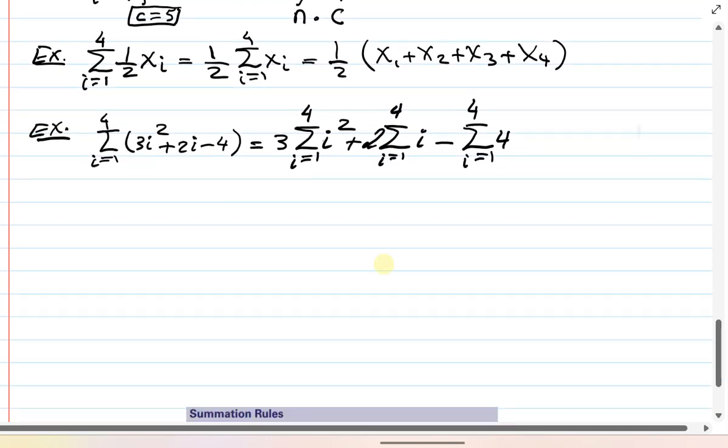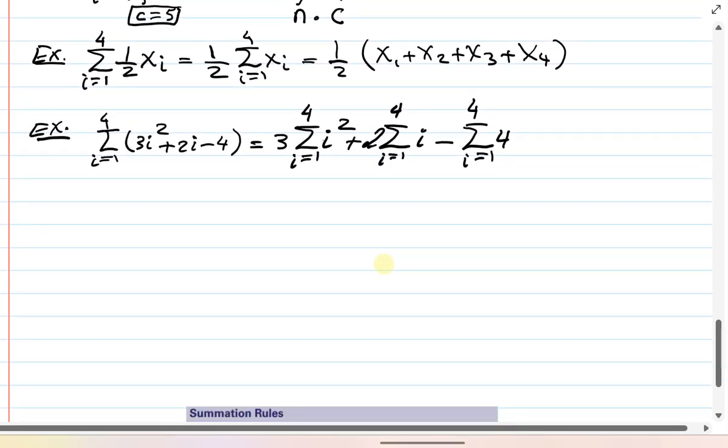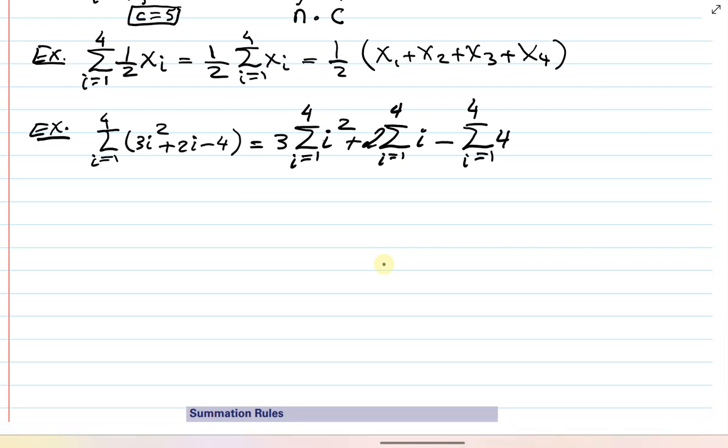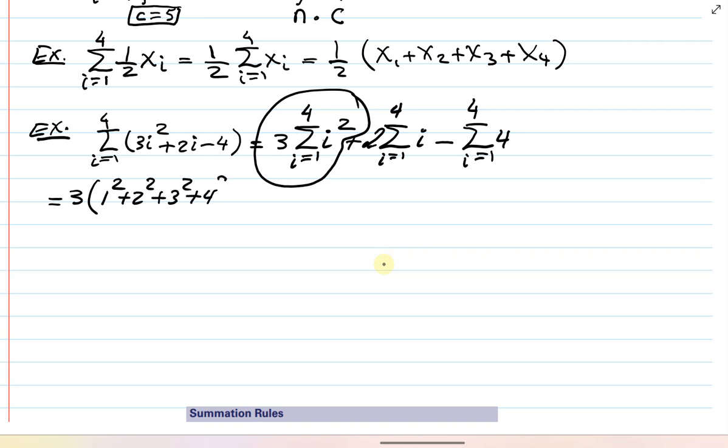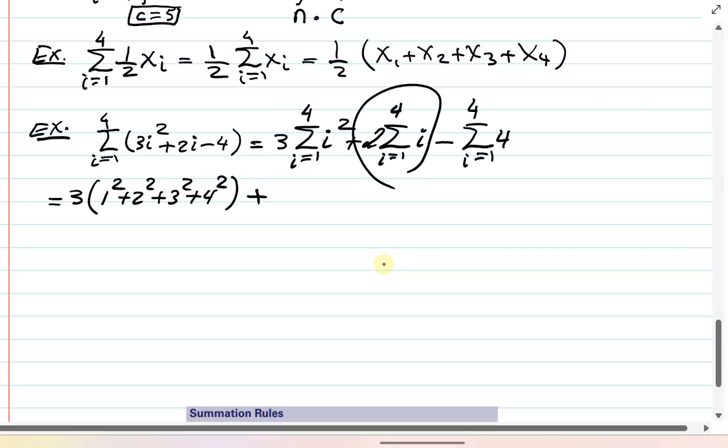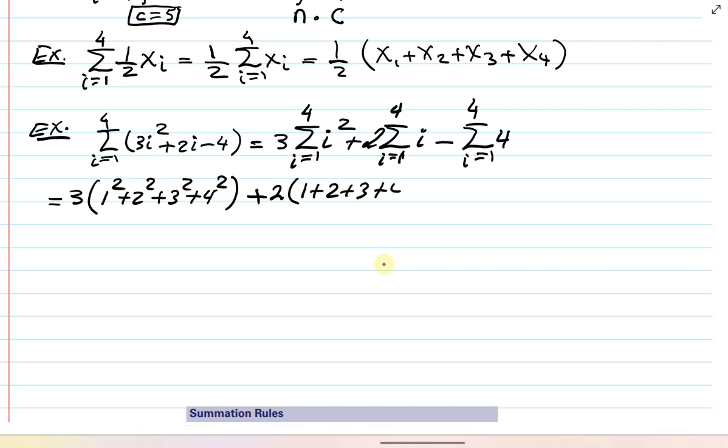Now, let's evaluate this. One way to evaluate it is to actually write them out. That first one says 3 times 1 squared plus 2 squared plus 3 squared plus 4 squared, right? The one next to it is 2 times the sum of the i's, i goes from 1 to 4, so this one is like 1 plus 2 plus 3 plus 4.